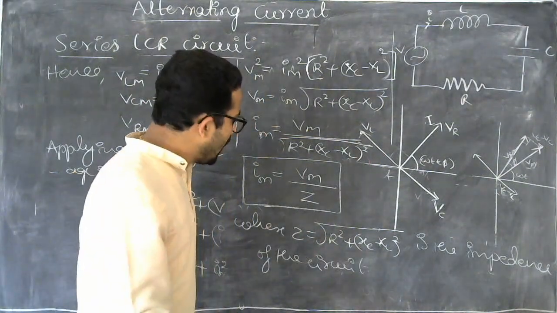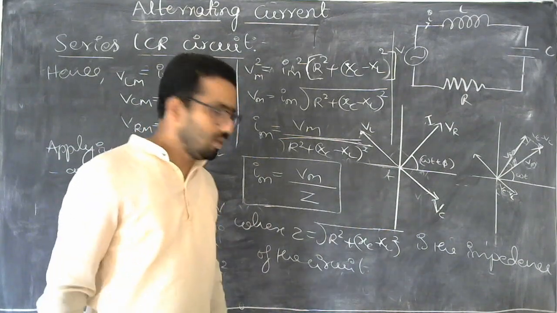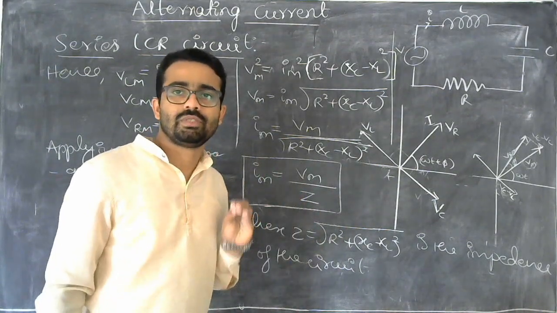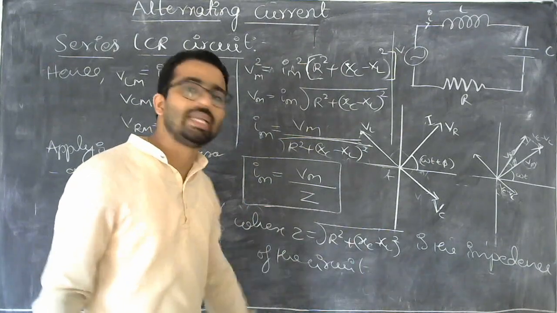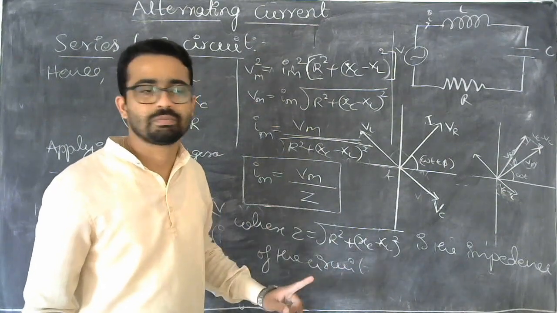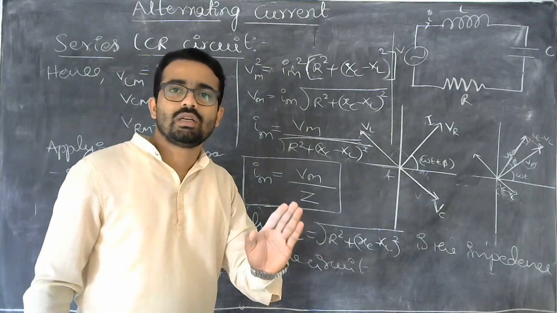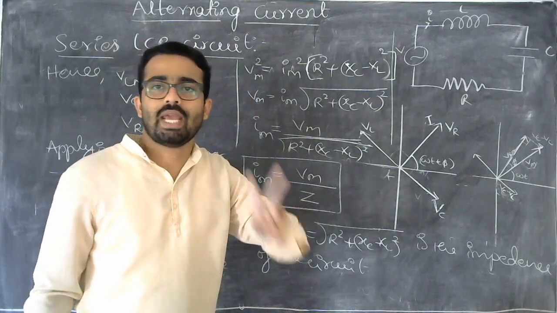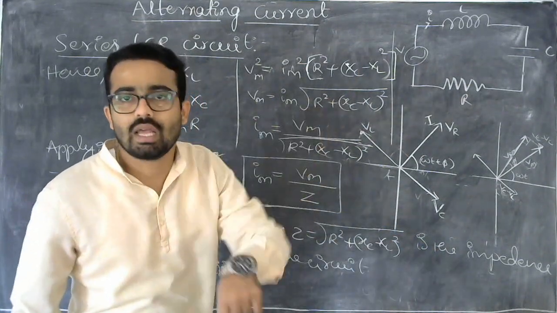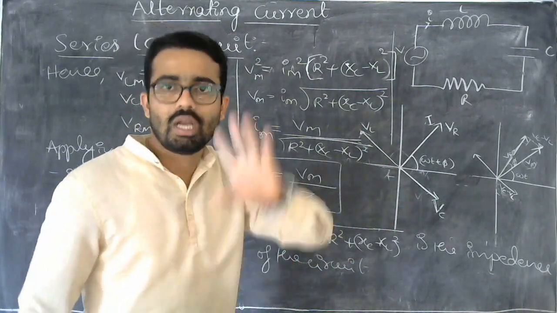Let us move one step forward and ask a question: why does current lead the voltage in the capacitor? We already studied the features of a capacitor. It consists of two plates, and if it is connected in an AC circuit, for a positive half cycle it will get charged, and when the negative cycle comes, it will discharge.